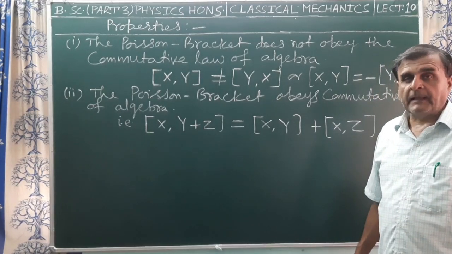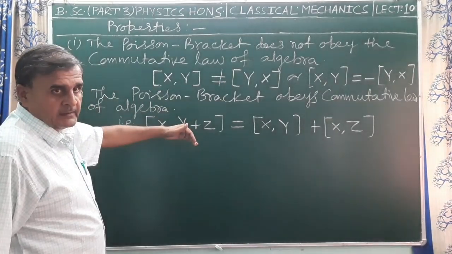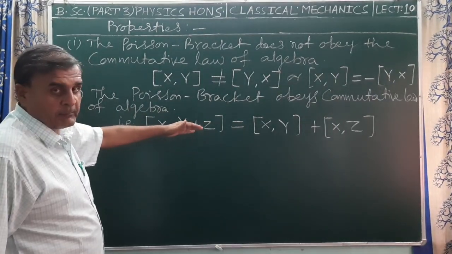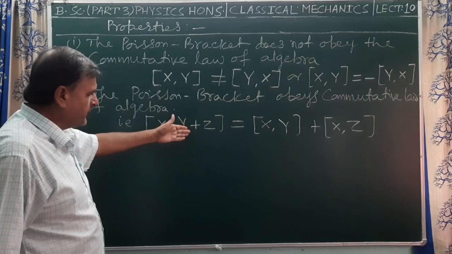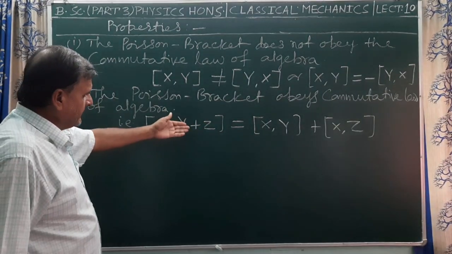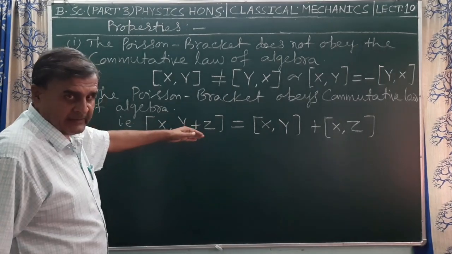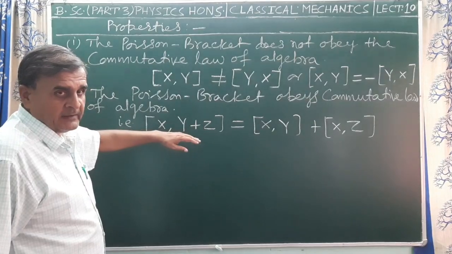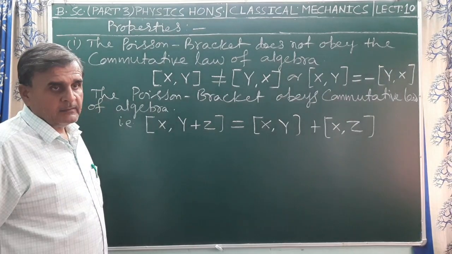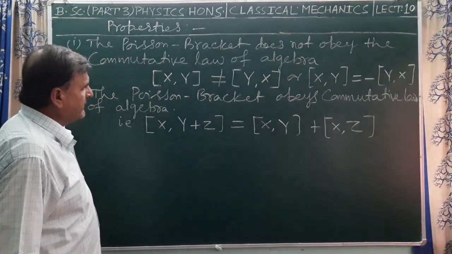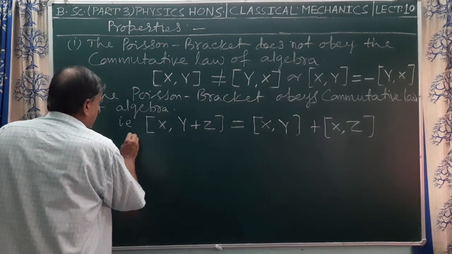And in another form, we have the product of two dynamical variables Y and Z in the second term of the square bracket in place of the sum. In the first case, inside the square bracket on the LHS there is the sum, the addition, of the two variables Y and Z. But in the second situation, if we now take the product of Y and Z, then in that situation too the distributive law of algebra will hold for the Poisson bracket.